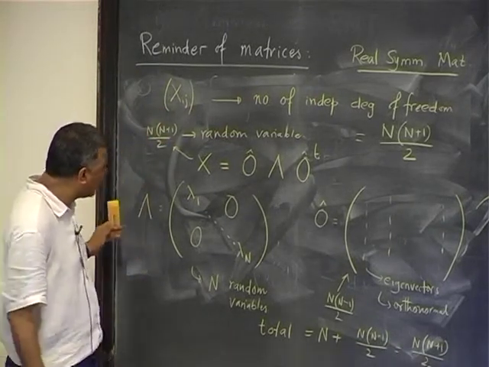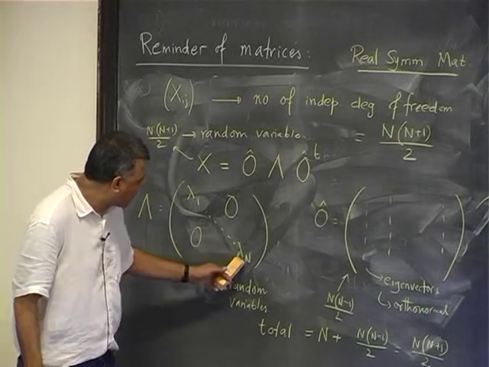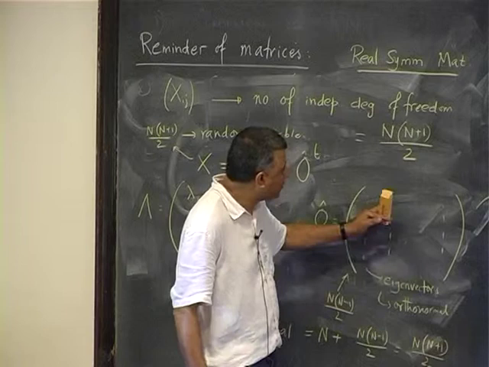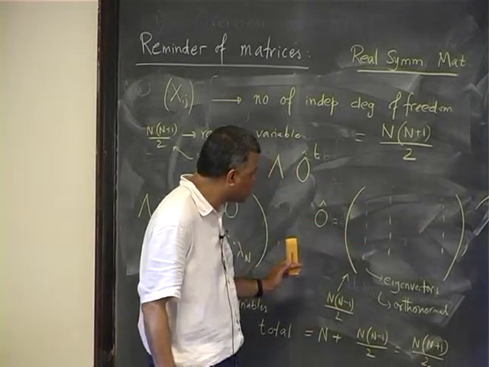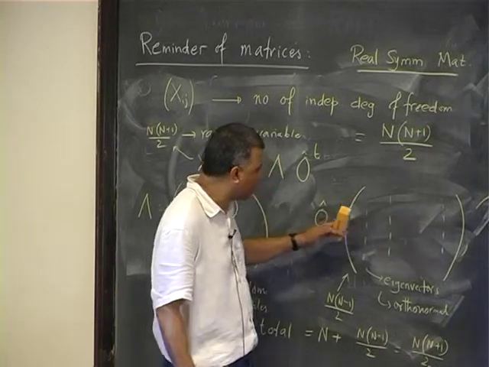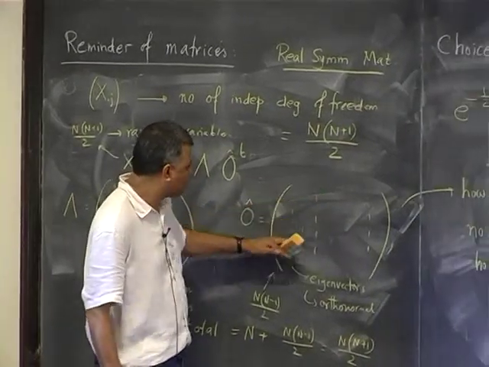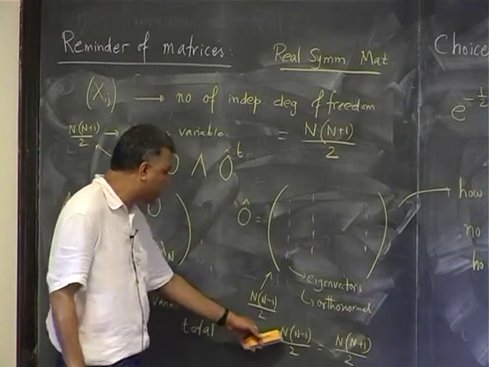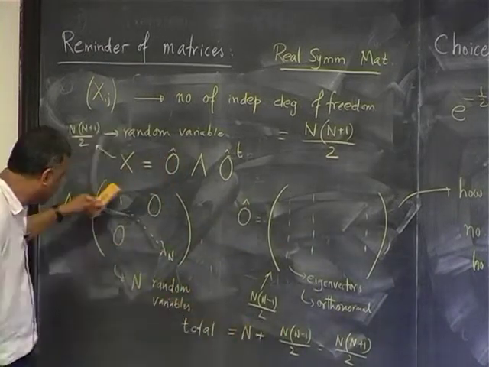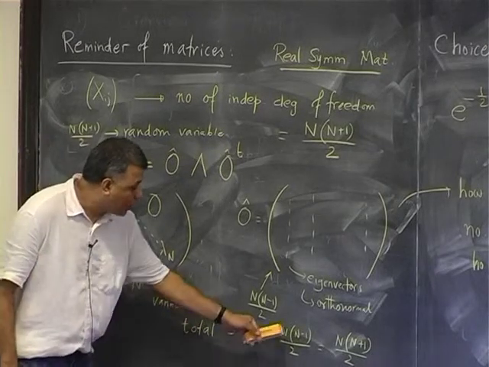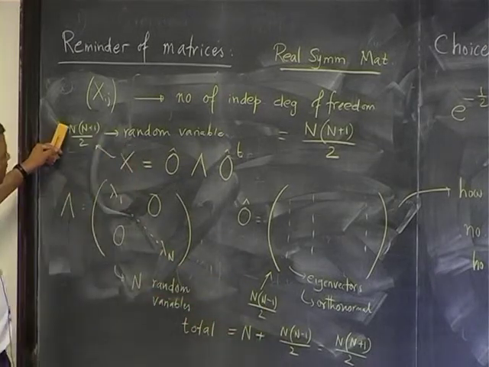When I diagonalize, I get n eigenvalues, and I get some number of eigenvectors, but the elements of the eigenvectors are not independent. They have some constraints. So the total number of independent degrees of freedom associated with the eigenvectors, this matrix O, is n into n minus 1 over 2, plus n random variables coming from the eigenvalue sector. When you add them up, you get the same number of degrees of freedom as x.